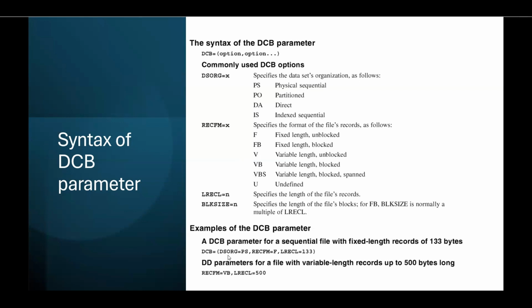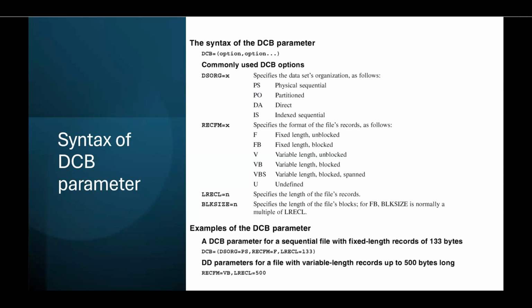Here you have the organization as PS, then the record format of the file's record as F, then the length of the file's record, which is 133. And here we have a DD parameter for a file with variable length records up to 500 bytes long. So here we have provided it as variable block, and we have 500 bytes as the variable length record. So these are some examples.